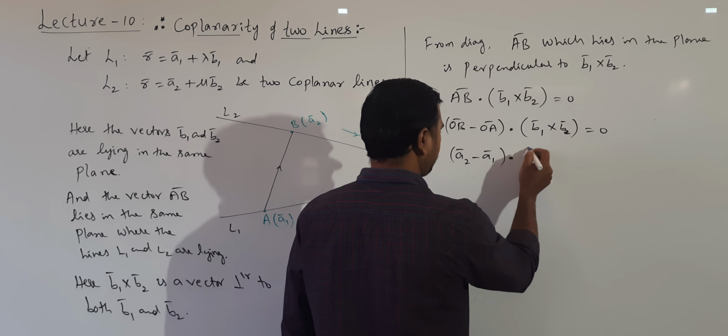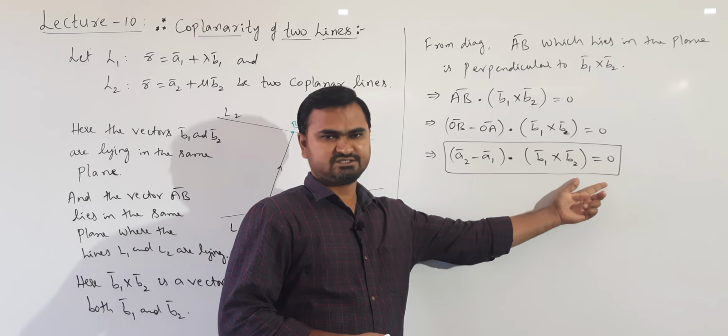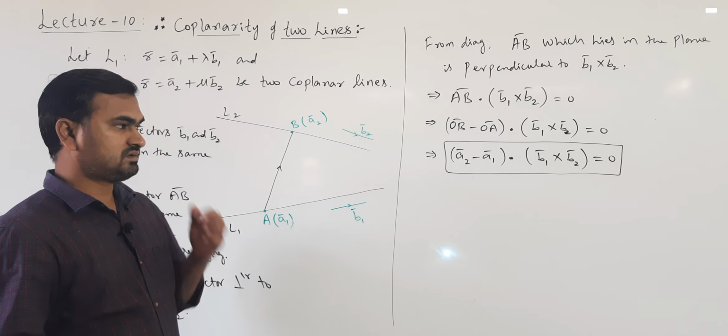This is the condition for coplanarity of two lines. Two lines are lying in the same plane only when this condition is satisfied: A2 minus A1 dot B1 cross B2 is equal to 0. This is the vector form of the condition.